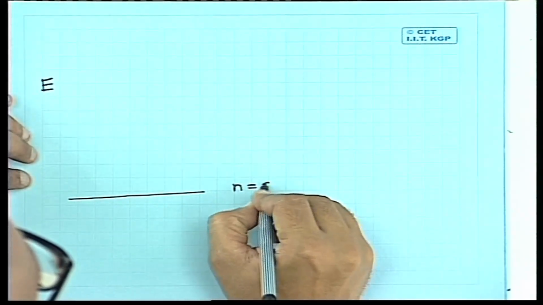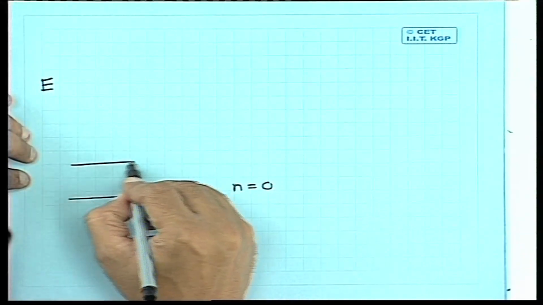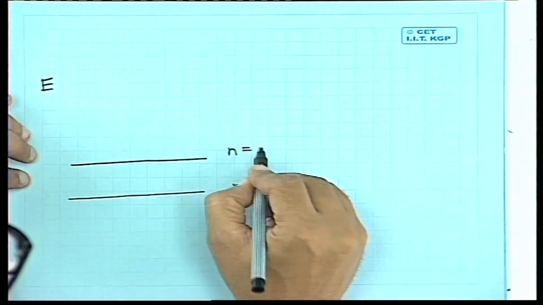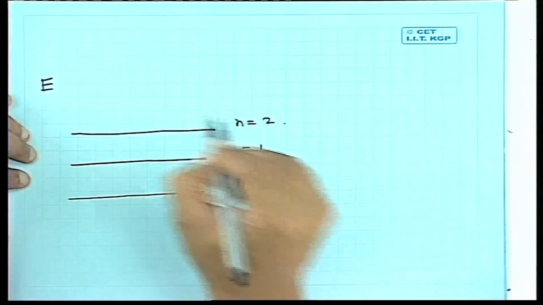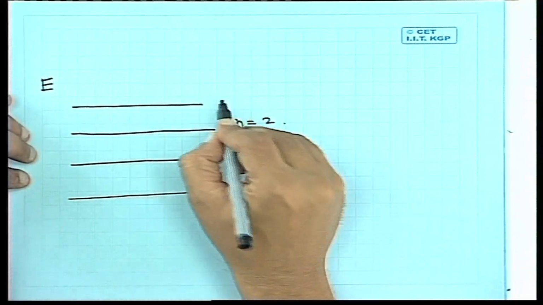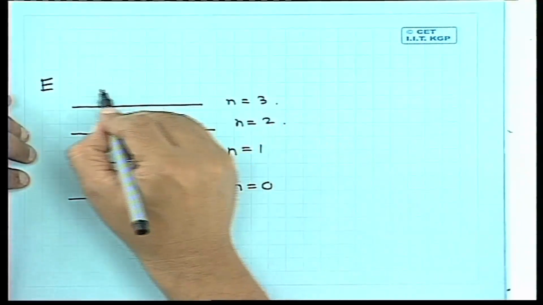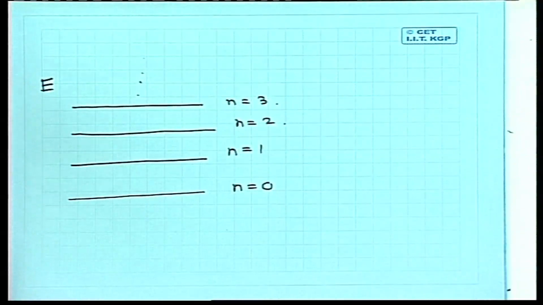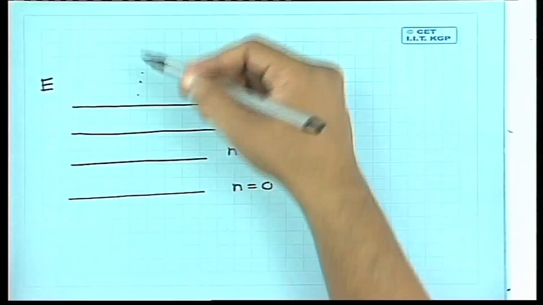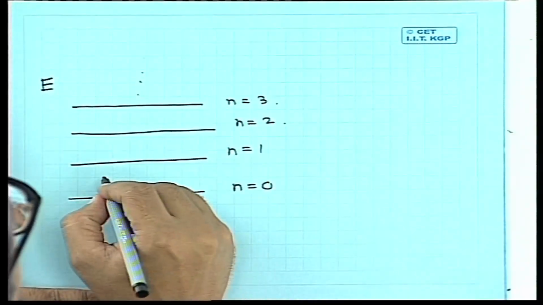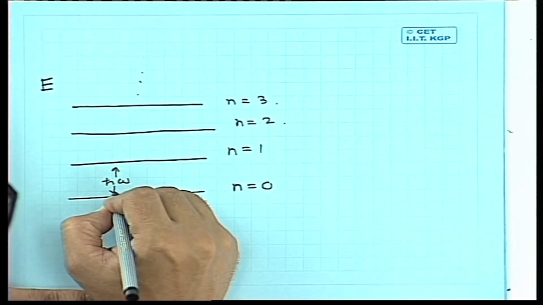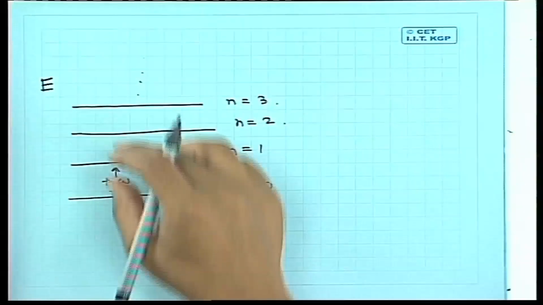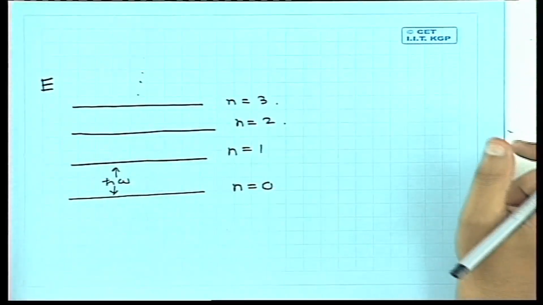So this is n equal to 0, then n equal to 1, n equal to 2, n equal to 3, etc. So this goes on. We have a discrete spectrum with an infinite number of energy levels, each separated by h cross omega. They are equally spaced and infinite.